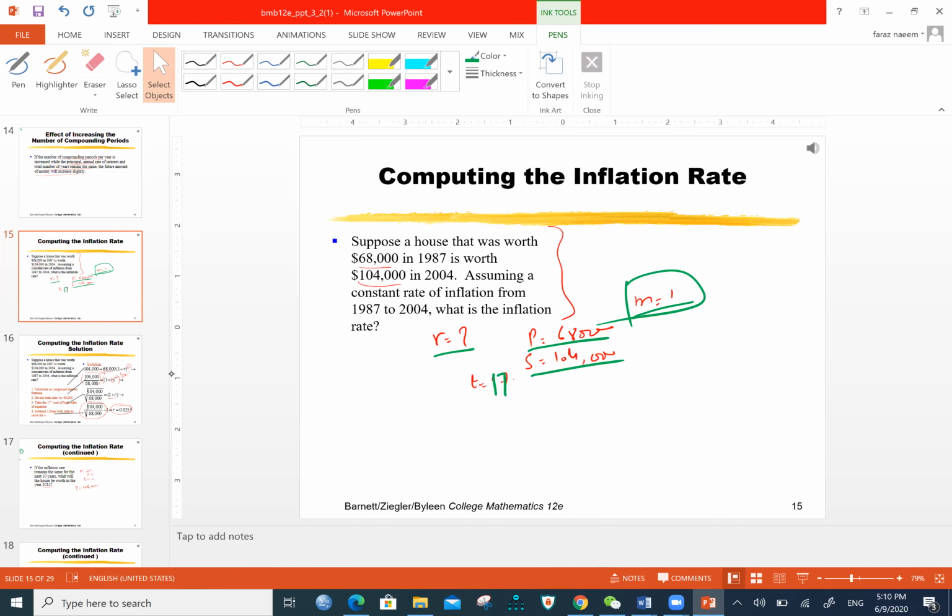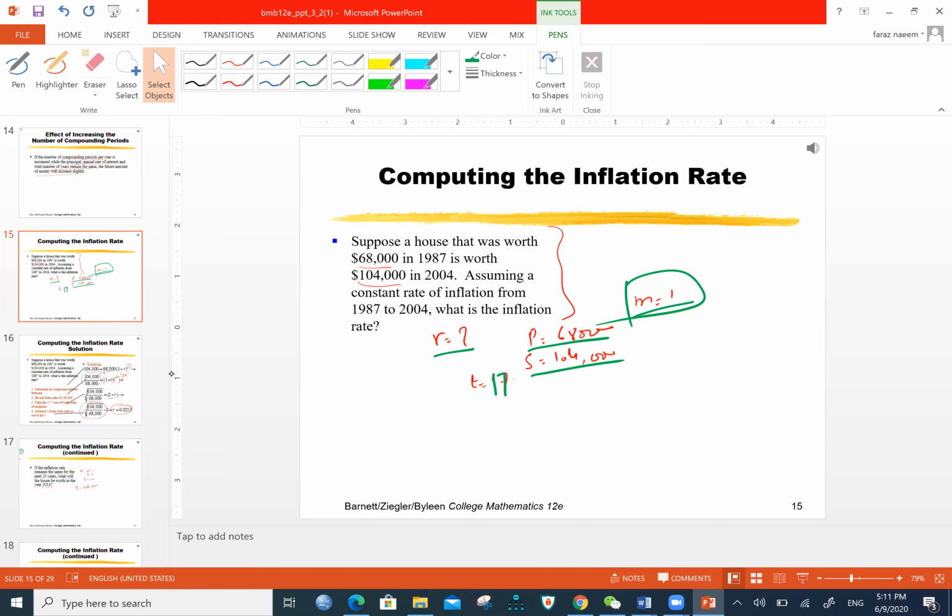The second thing is we reinvest our interest. We don't withdraw our interest. This is the basic difference between simple interest and compound interest. Suppose a house that was worth 68,000 in 1987 is worth 104,000 in 2004.